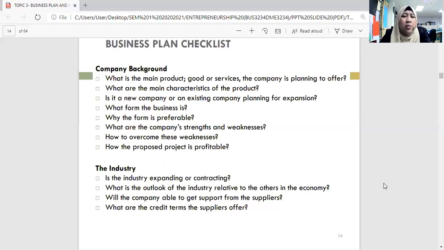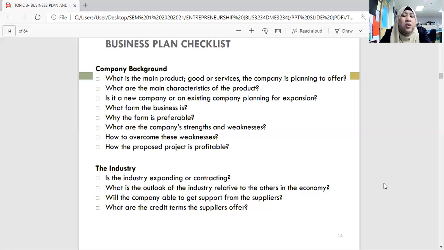And then how to overcome these weaknesses. So you have to come up with some solutions on how you want to improve your weaknesses, and how the proposed project is profitable, how much benefit this project can give you in the future in terms of profitability itself.